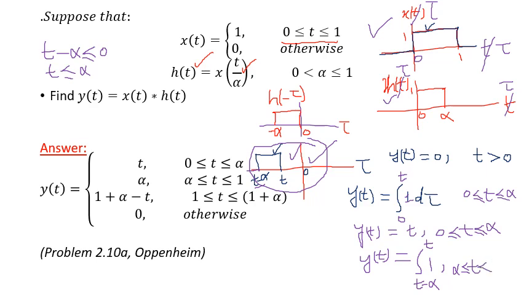And what will be the upper limit for this one? When you keep moving this one, once t passes beyond this point, you can observe that this signal will become 0. So the maximum value t can have is 1.